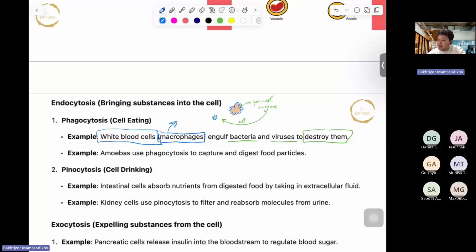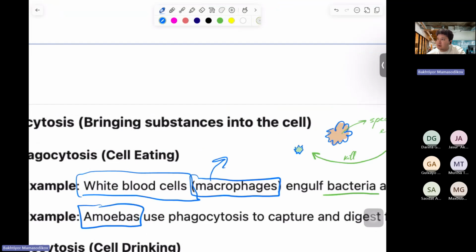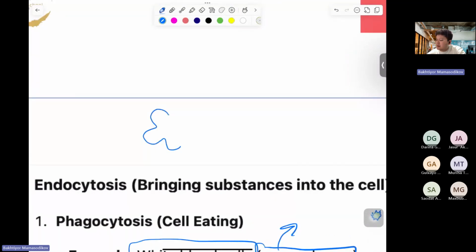For phagocytosis, another example is amoebas. What are the amoebas? They are the simplest, simple cell organisms. Imagine this is the amoeba. What is the amoeba going to do?